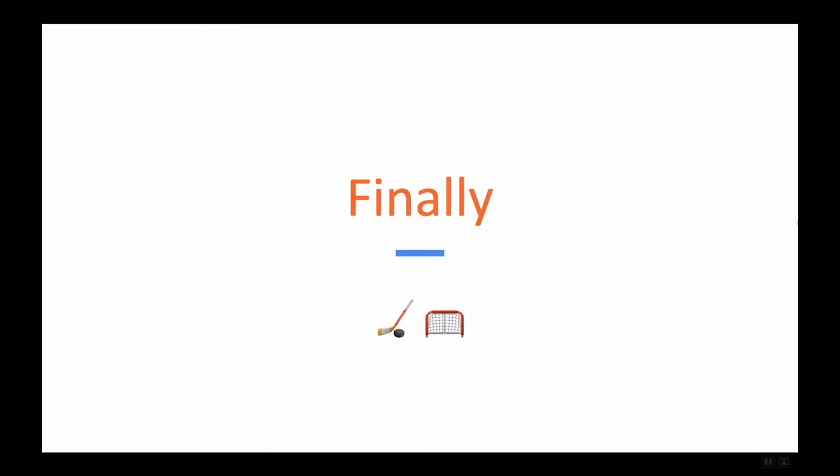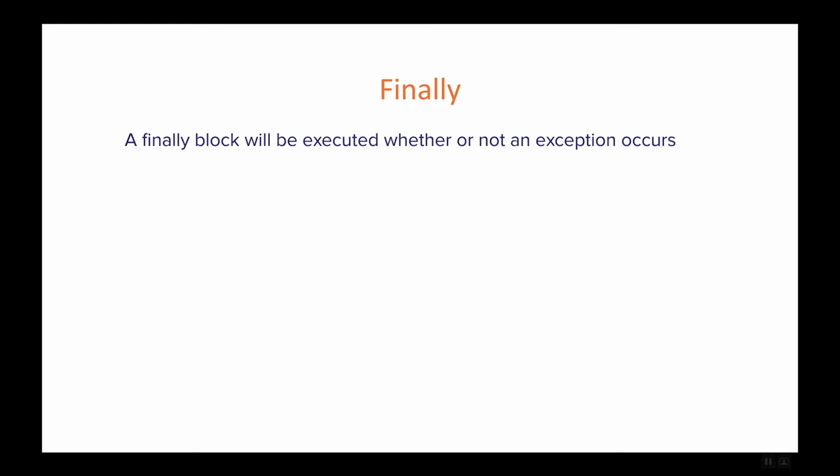So next up, we're going to talk about the finally block, which is another component of our exception handling mechanism. Now, the finally block will be executed whether or not an exception occurs. So basically, we can count on the code in the finally block to be executed at all times, right?